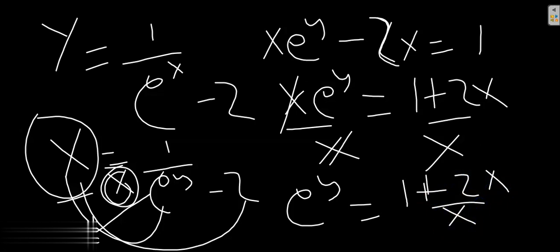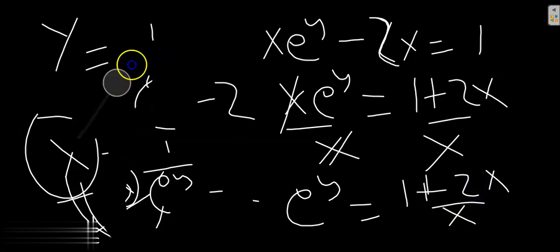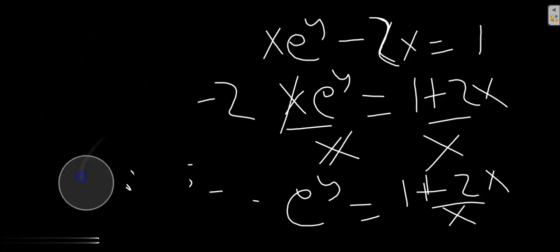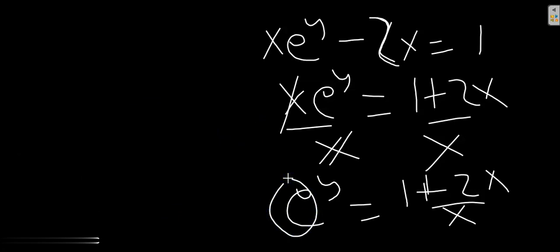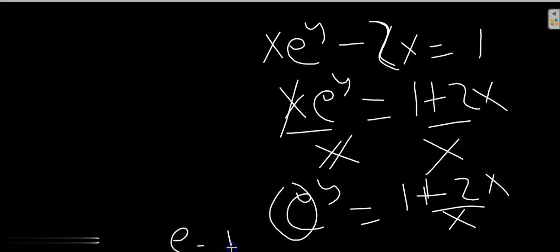Now I'm still not done with it, because I still want to solve for y. So I want to get rid of this e over here. And as I told you guys, e is always equal to ln.